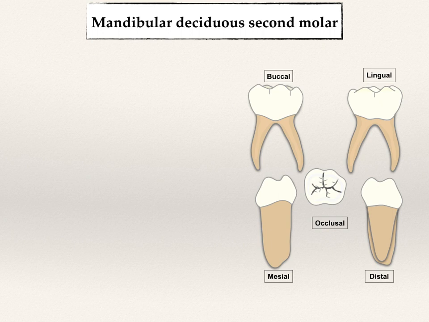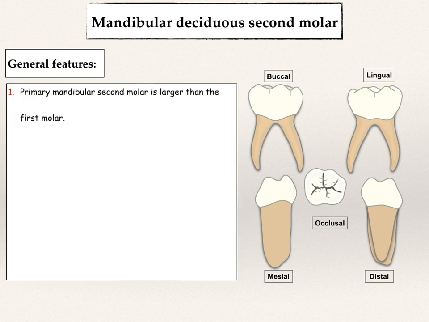Mandibular second deciduous molar. It is larger than the first deciduous molar. It closely resembles the permanent mandibular first molar, but is smaller.